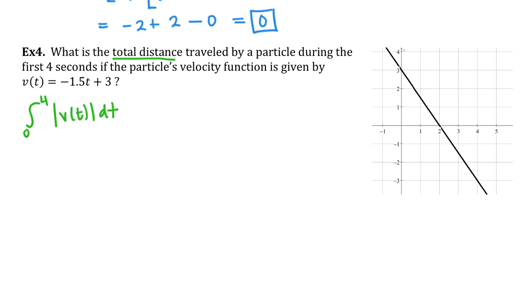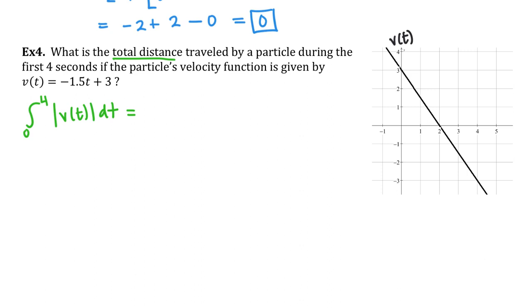Now if I was using a calculator, my calculator would take care of this for me. However, I'm not using a calculator, so I'm going to have to figure it out myself. And the issue is the absolute value of the v of t. So over here I have the graph of v of t. Now I'm going from 0 to 4.